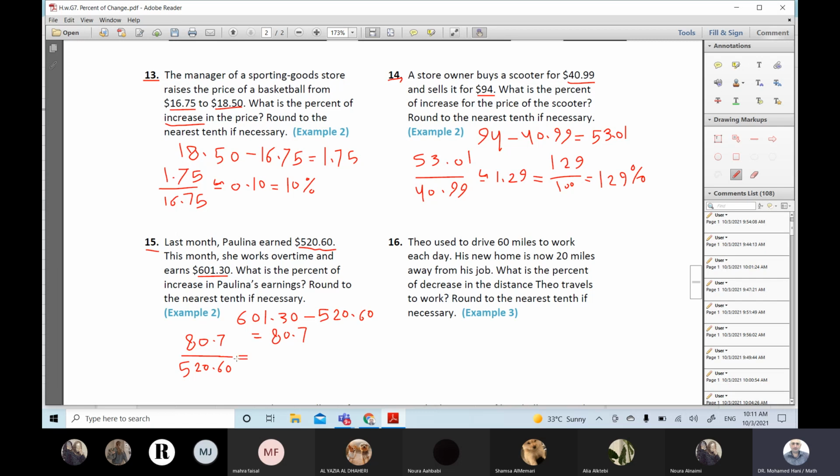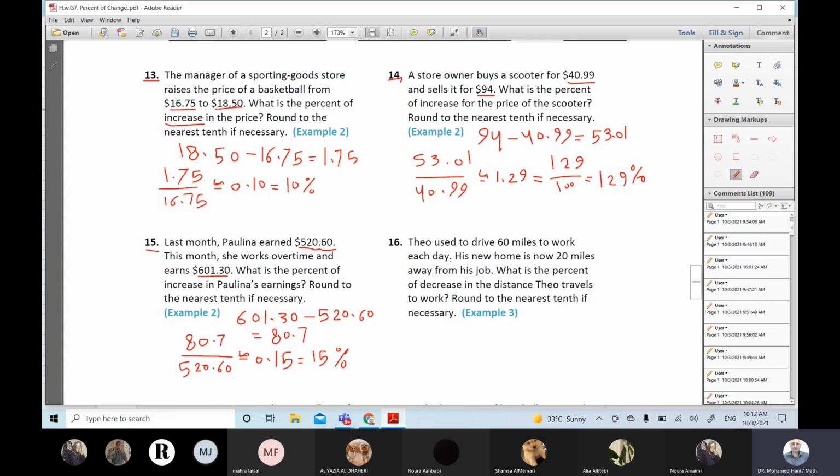Now we want to divide 80.7 divide by 520.60. The answer will be about 0.15, and as a percent will be 15%.